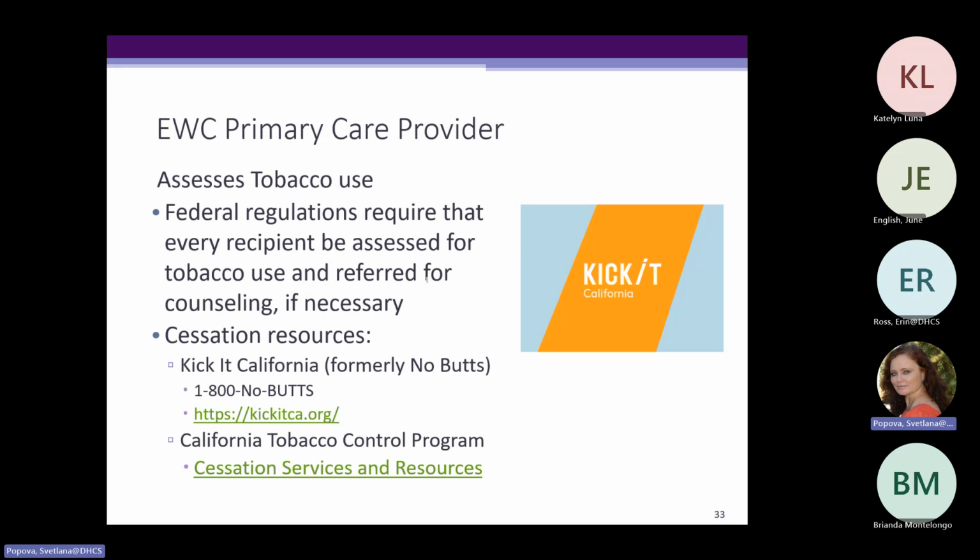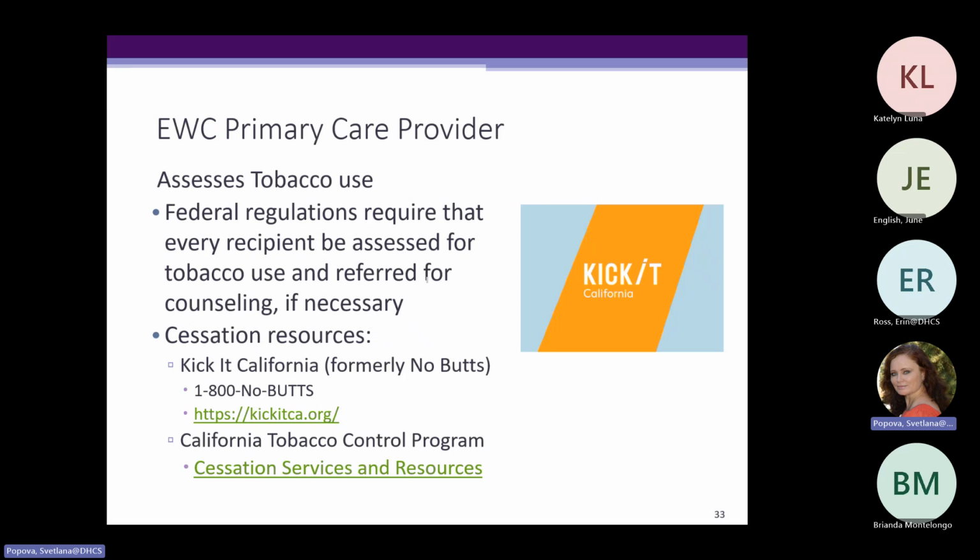Another important point is that CDC or NBCCCP is required to make an assessment of tobacco use, and this is in the federal regulations. We collect this information when patients are being enrolled, so front office staff should always pay attention.